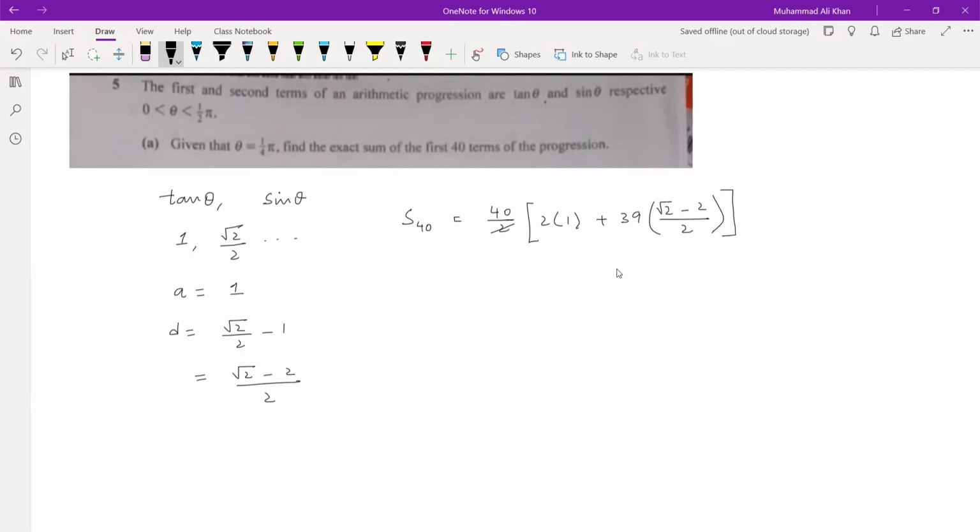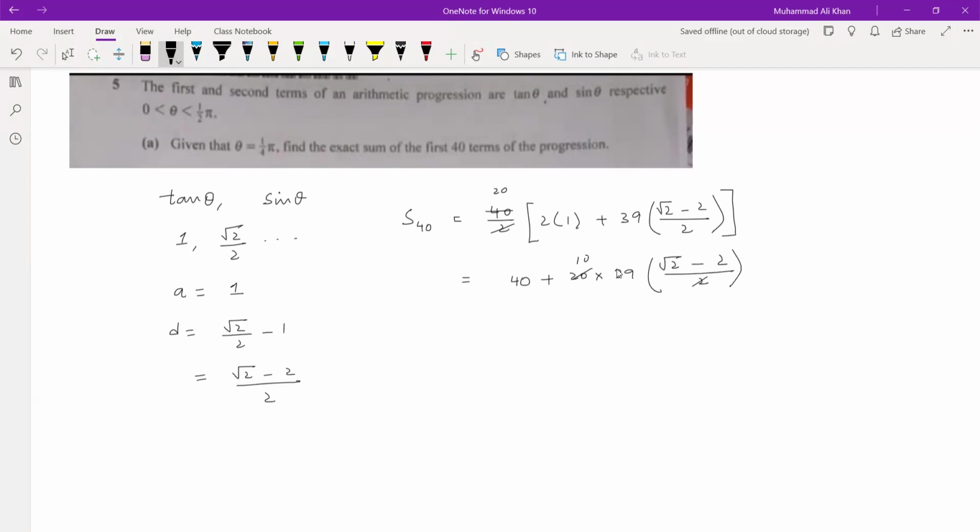So here it is 20, 20 multiplied by 2 is 40, plus 20 into 39 under root 2 minus 2 divided by 2.